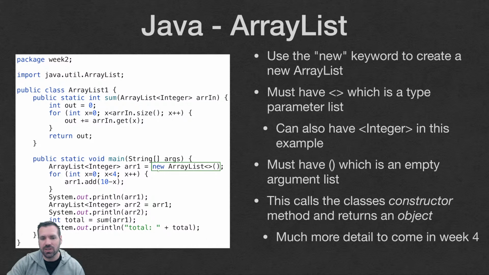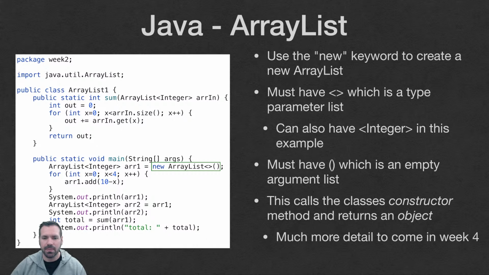For now, just know that we're creating a new ArrayList on the heap. Internally, the JVM is going to ask the operating system for memory for our ArrayList, and it will give us a location on the heap for the new ArrayList that we're creating.